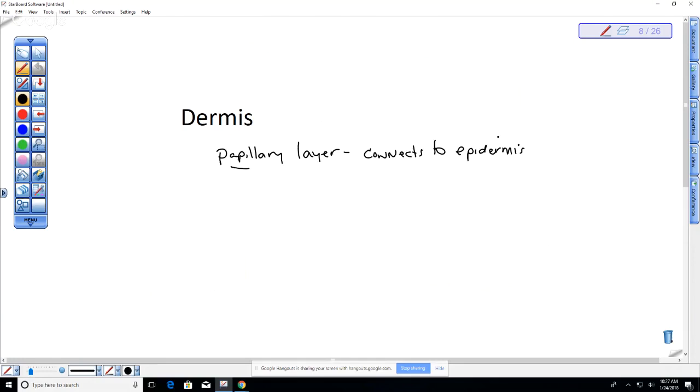And papillae are nipple-like structures. And so these kind of have these invaginations into the epidermis that kind of look like this. So this layer has these invaginations. And it is a thin layer. So it is thin. And it is made of areolar connective tissue.